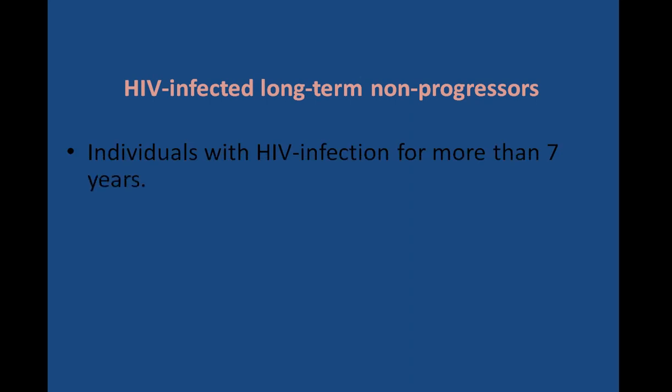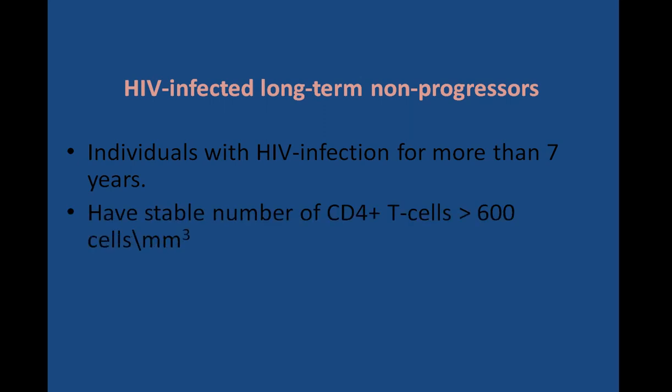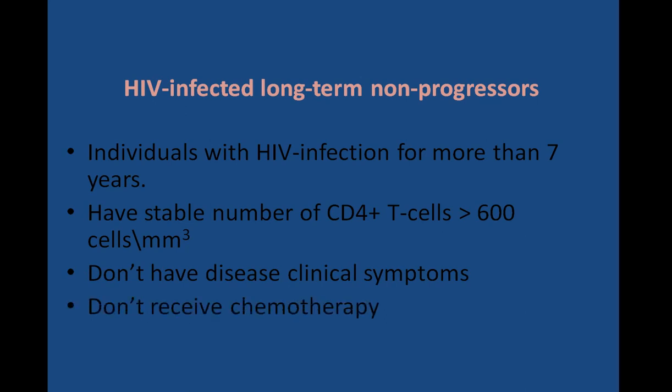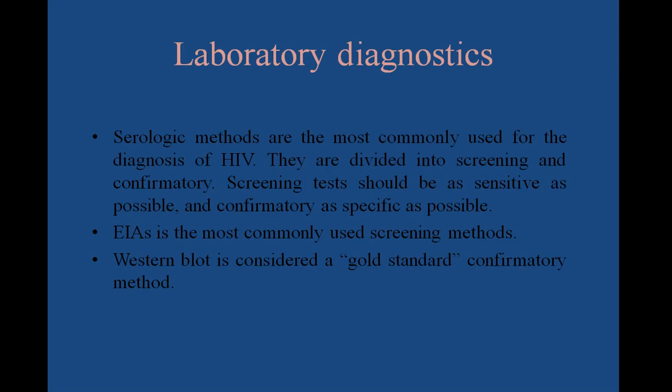Individuals with HIV infection for more than 7 years have a stable number of CD4 T cells, more than 600 cells per cubic millimeter. They don't have clinical disease symptoms and don't receive chemotherapy. 25% of them have mutant CCR5. Laboratory diagnostic serological methods are the most commonly used for the diagnosis of HIV.